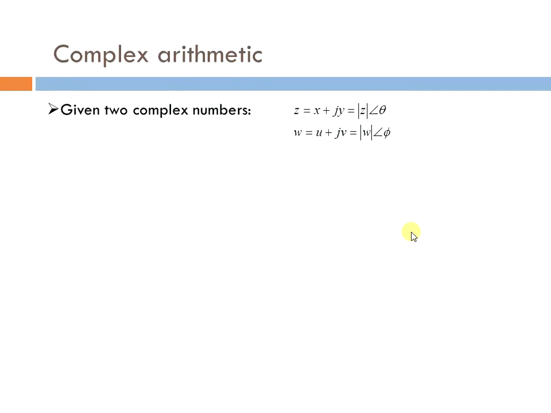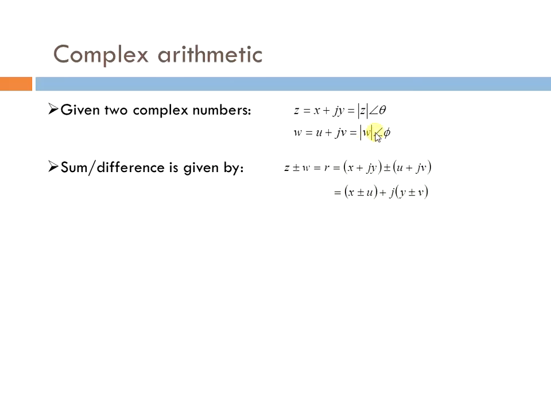So if z and w are two complex numbers represented either in the rectangular or polar form, they can easily be added or one can be subtracted from the other, and this is easier in the rectangular form. For instance, if r is the sum of z and w, then the real component of r is the sum of x and u, which are the respective real components of z and w, and the imaginary component is the sum of y and v, which are the respective imaginary components of z and w.